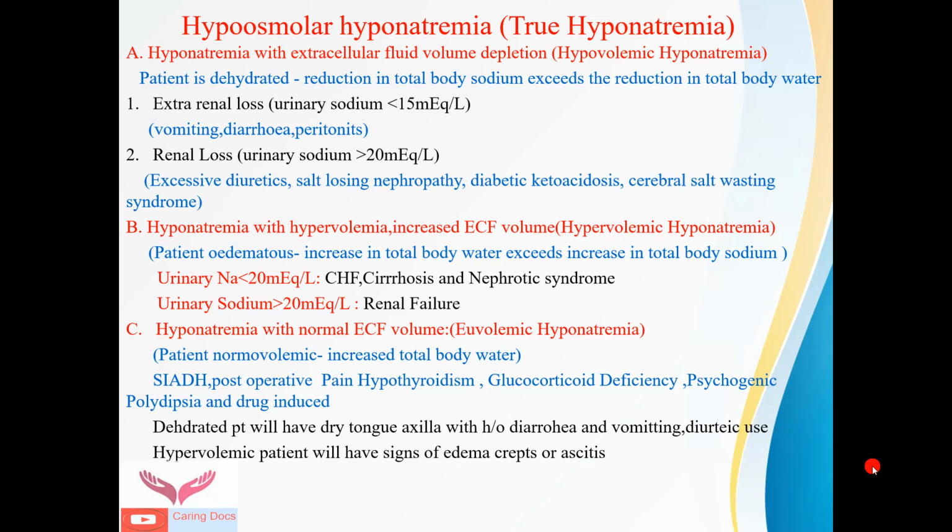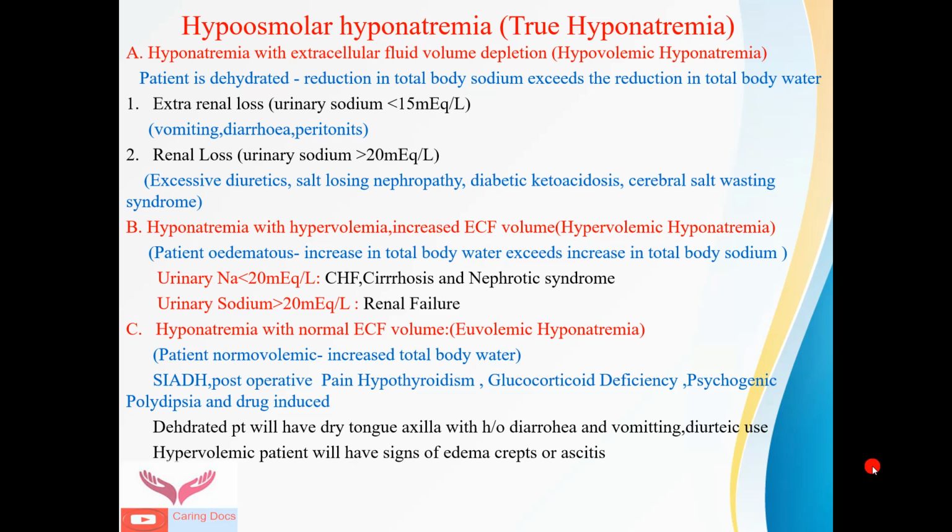These patients will be dehydrated, and in these patients the reduction in the total body sodium is quite more as compared to the reduction in the total body water. Though these patients are dehydrated, the reduction of the sodium will be more as compared to the reduction of the total body water.